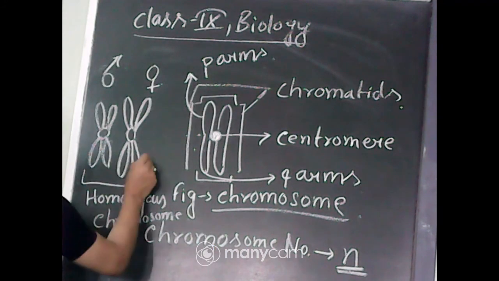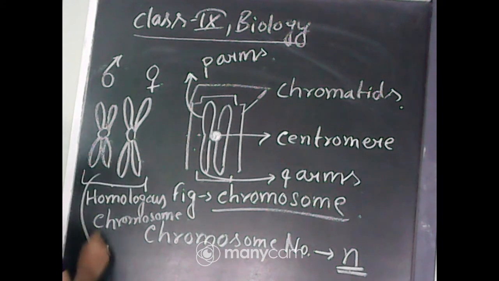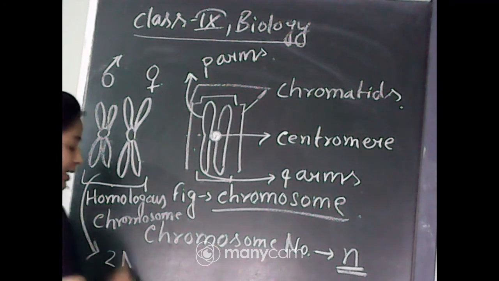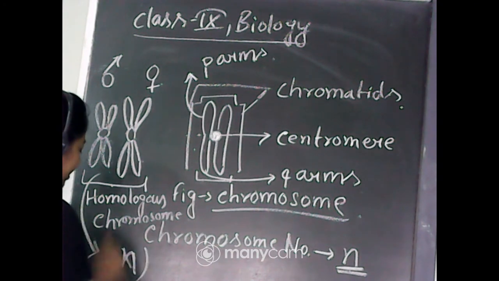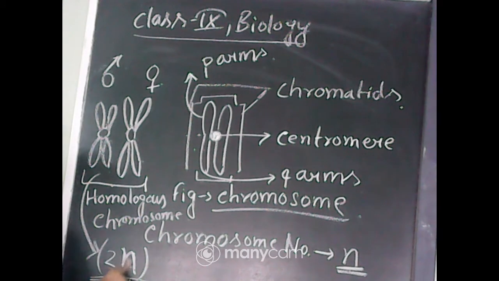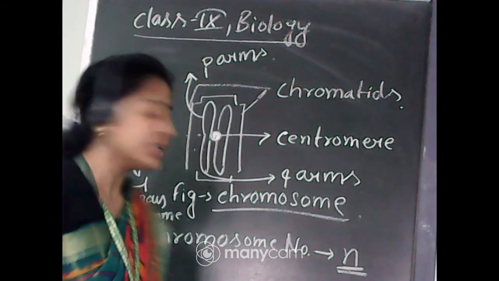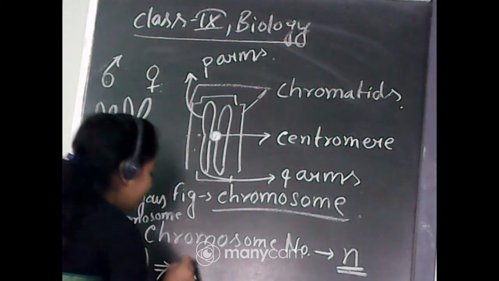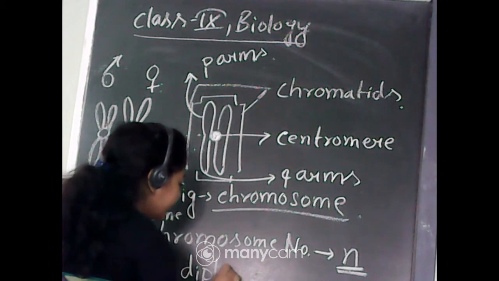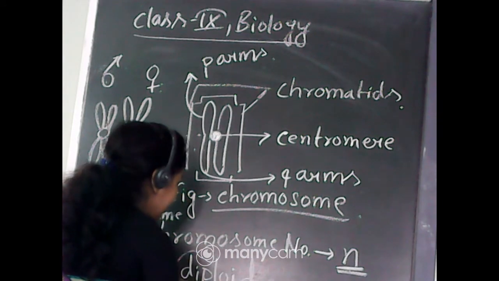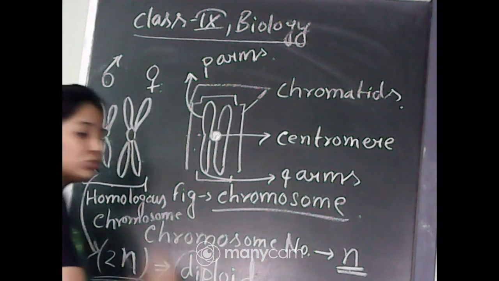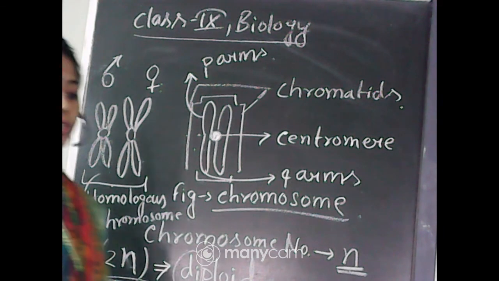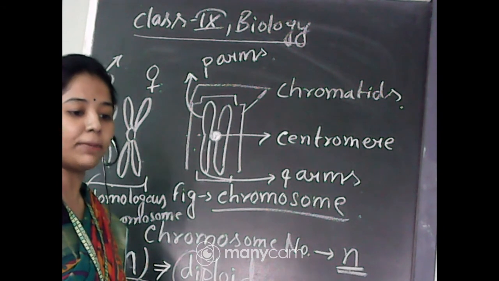When two sets of chromosomes are present in an organism, one chromosome and another chromosome, it is 2n, meaning there are two sets of chromosomes, one from the father and another from the mother. Such a situation is denoted as diploid. Di means two, ploid refers to the chromosome number, so 2n. Understood what diploid is?